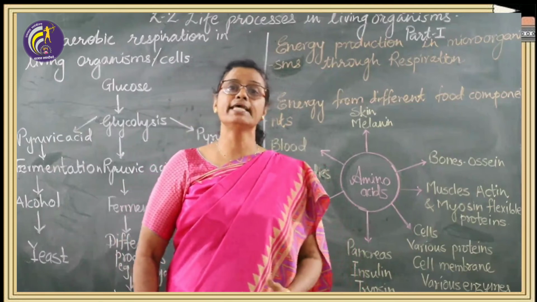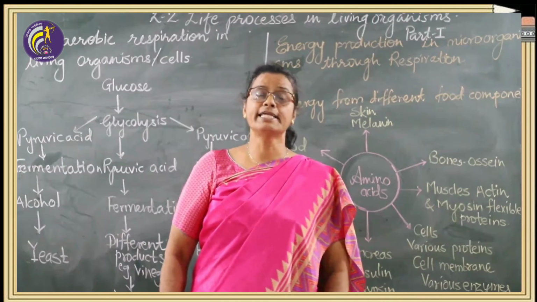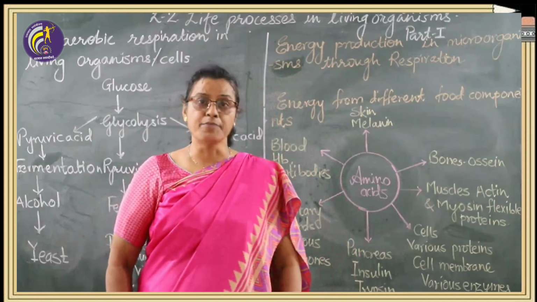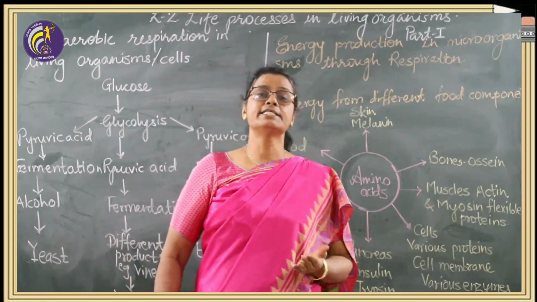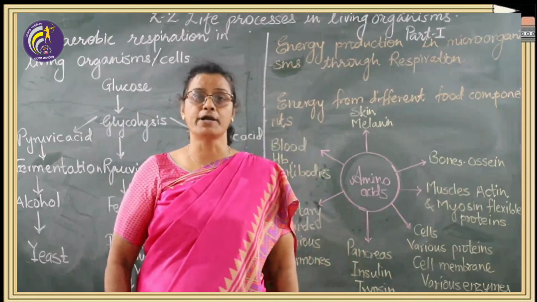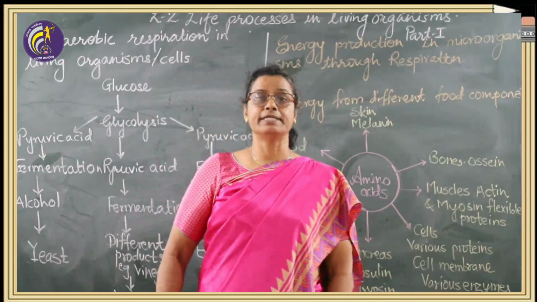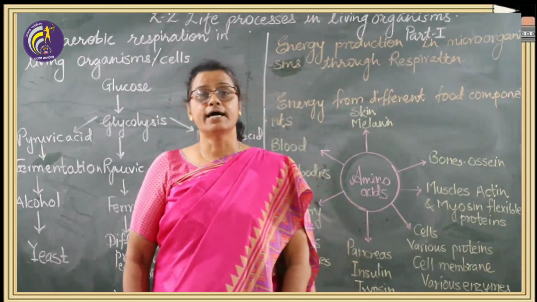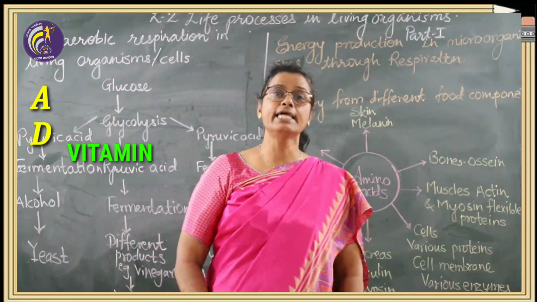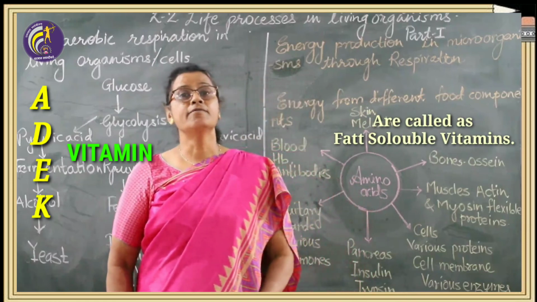Means they dissolve in water and they cannot get accumulated in our body when taken in excess, because when they are present in excess, they are thrown out of our body by means of water through urine. And you all know that vitamin A, vitamin D, vitamin E and vitamin K are soluble in fats.